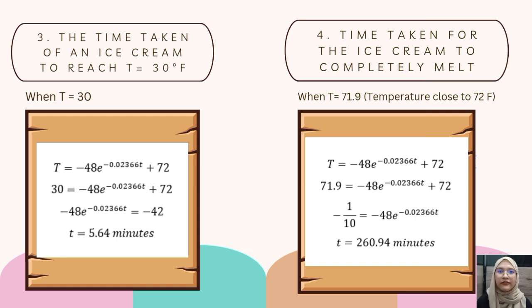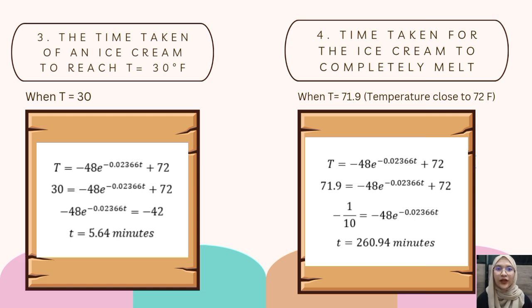First, substitute T equals 30 into the equation. Rearrange and solve for t. 30 equals negative 48 e to the power of negative 0.02366t plus 72. Then it simplifies to t equals 5.64 minutes. So it takes about 5.64 minutes for the ice cream to warm up to 30 degrees.